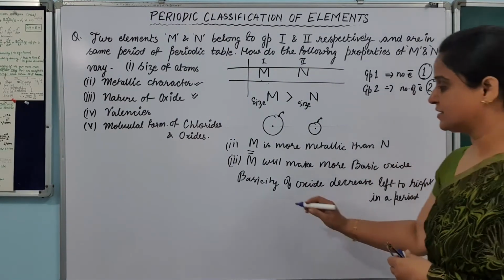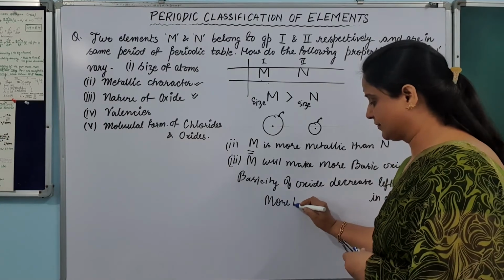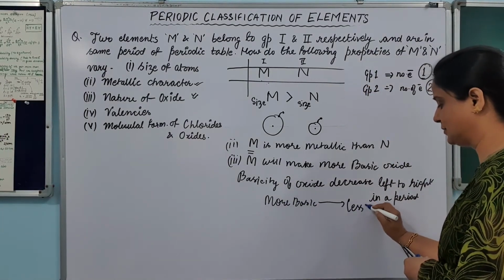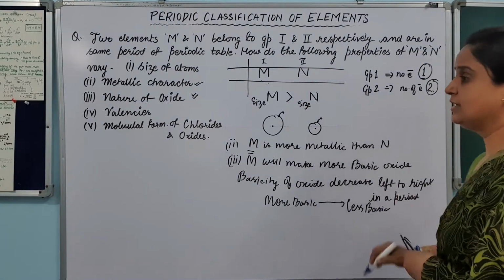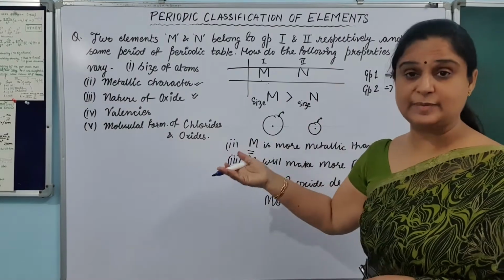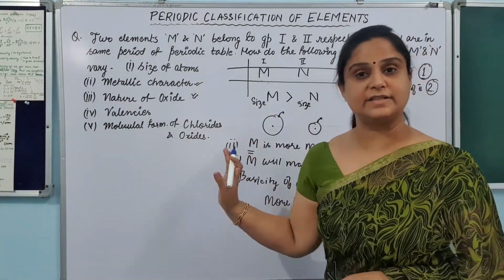So it becomes more basic to less basic. Simple. So this will be more basic and this will be less basic oxide. जब oxide बनाएंगे तो उनके nature इस तरीके से vary करेंगे.